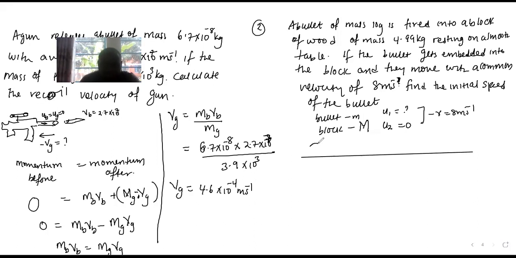It's not a must that you sketch the diagram all the time, but it helps interpret the question rightly. So let me assume this is my bullet. It comes and meets a block, then they get stuck together.